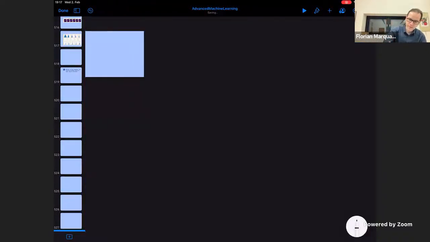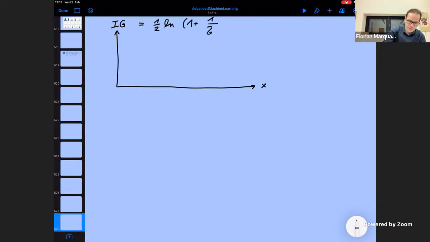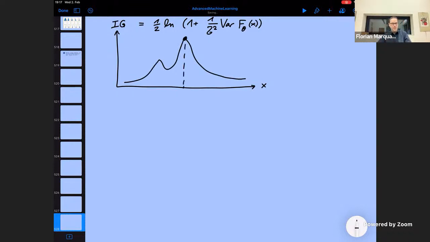So we could again plot the expected information gain against x. So that's the expected information gain, 1/2 log 1 plus 1 over sigma squared, and then I can rewrite it as the variance of these predictions. And I can get something like this. And if it looks like that, I would, of course, pick the x that maximizes my expected information gain.